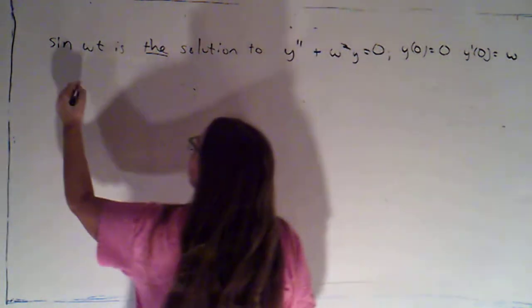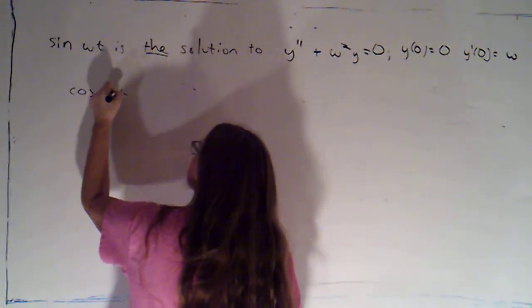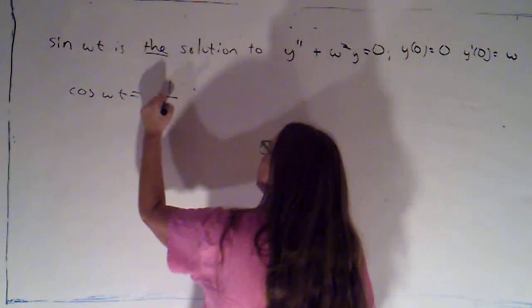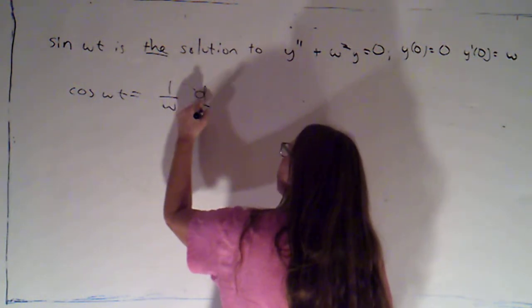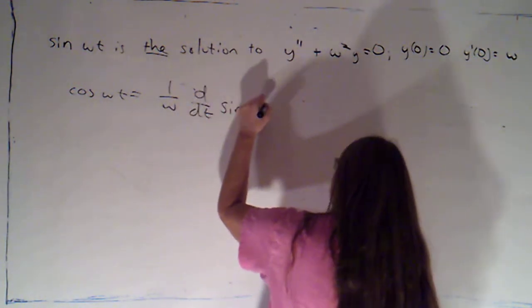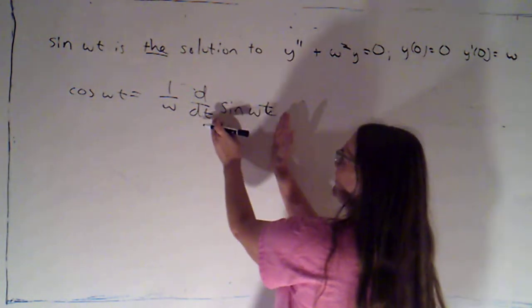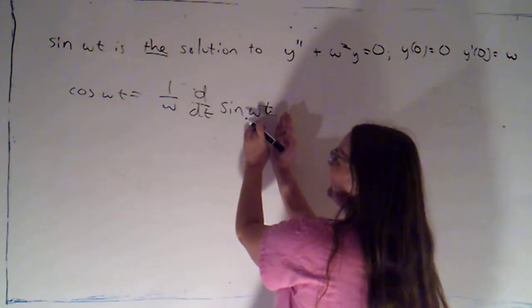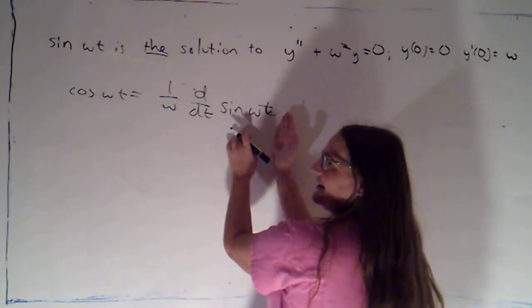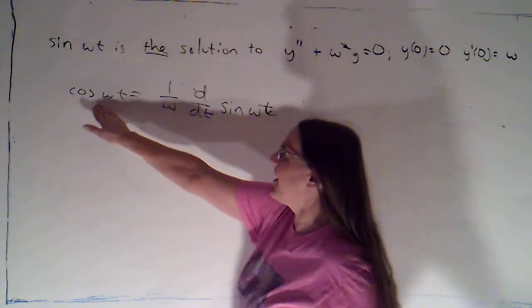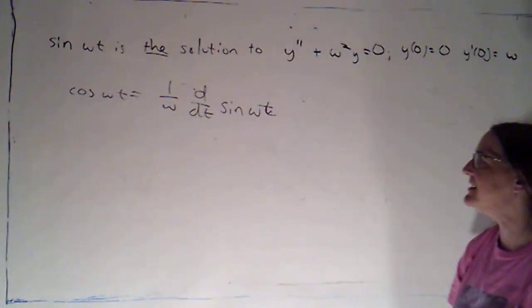I can use the fact that cosine of omega t is 1 over omega times the derivative of sine omega t. That's just basic calculus. If I take the derivative here, I'm going to get omega times cosine omega t. So if I multiply that by 1 over omega, I'm going to just get cosine of omega t.